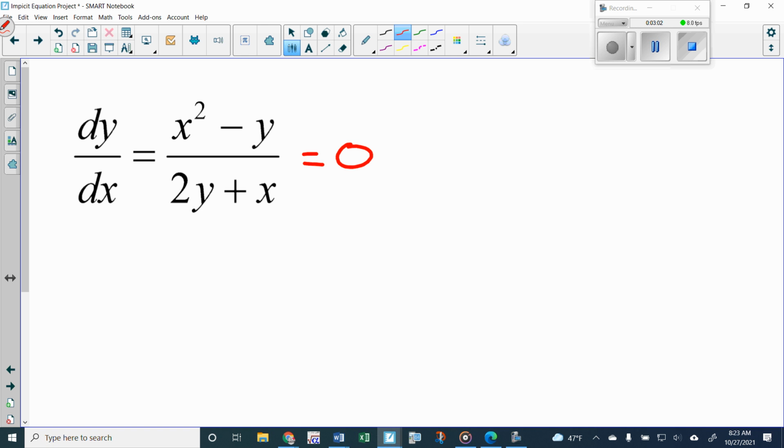If you have a fraction equals 0, that can only happen where? If 0 is on the top. So my answer would have to be wherever that is true, which would tell me y equals x squared.